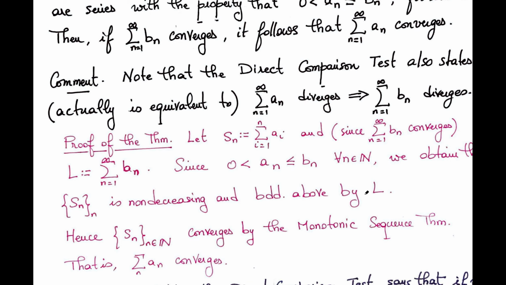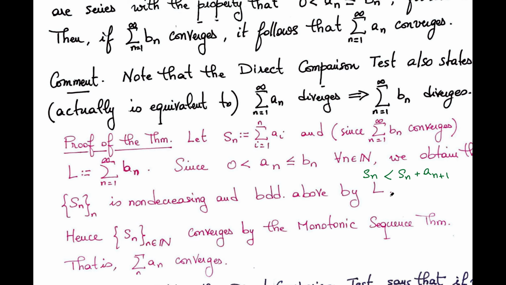What I'm saying is this: Sn plus An plus 1 is certainly bigger than Sn. Why? Because of this inequality. Every Ai is positive, for any n.